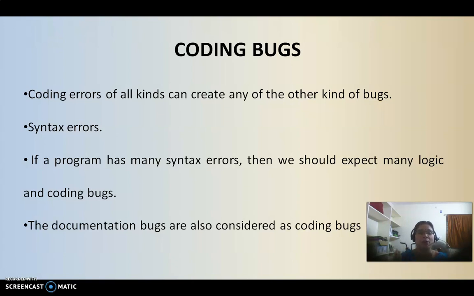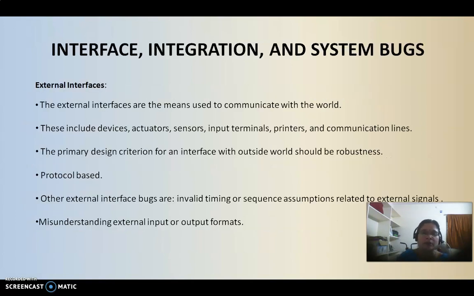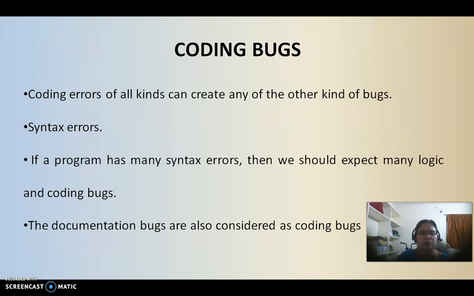If there is any misunderstanding or miscommunication in the documentation, that leads to erroneous code. So documentation bugs also come under coding bugs. Not only bugs in the code, but documentation errors also come under coding bugs.